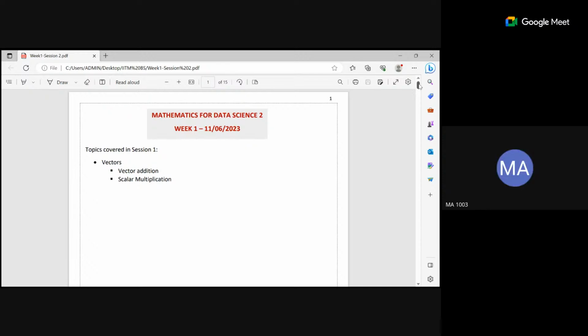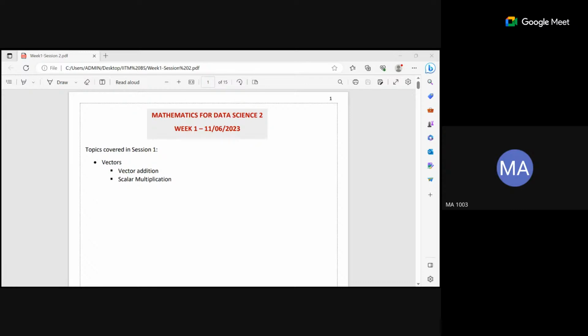So let us quickly recall whatever we have seen in the previous class. In the previous class, first we started with vectors, right? You saw vectors in which space? In Rn, right? Particularly you saw R2 and R3.